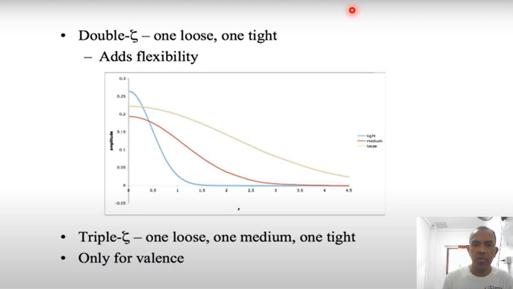Often people will make this approximation, or I shouldn't say approximation, I guess they'll take this approximation step.